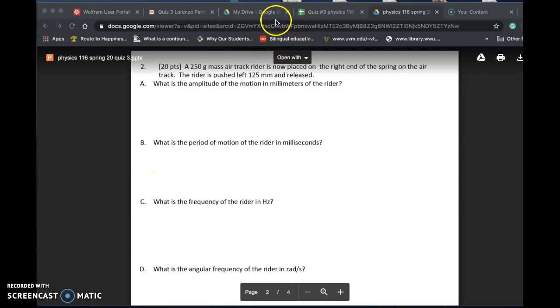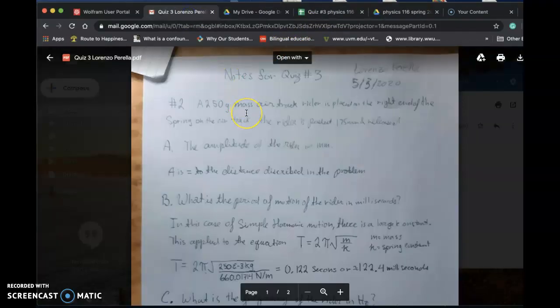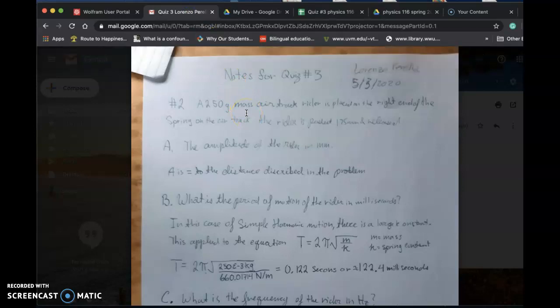Now the calculations for these go as follows: the amplitude is equal to A, that being 125 millimeters. Then the period, what you do is take 2 pi times the square root of the mass of the cart divided by the spring constant.